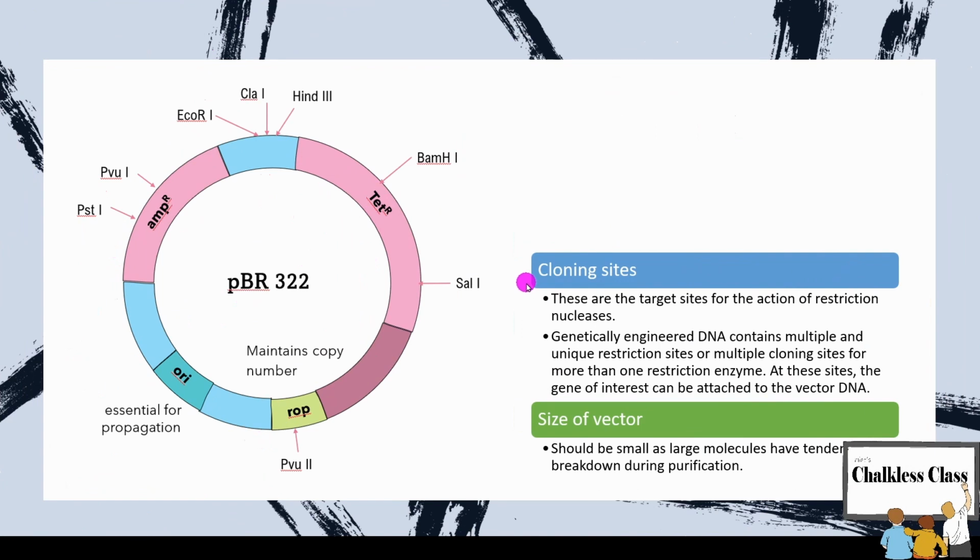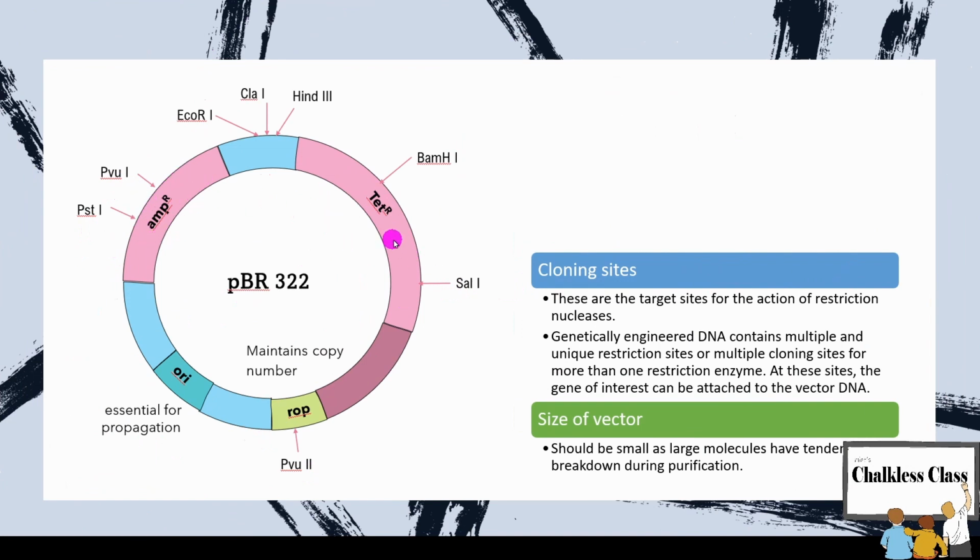Cloning sites are the places where the restriction endonucleases can act. Let us see this pBR322. It has many cloning sites. Here PstI has one cloning site, and PvuI has a cloning site in the ampicillin resistance gene.